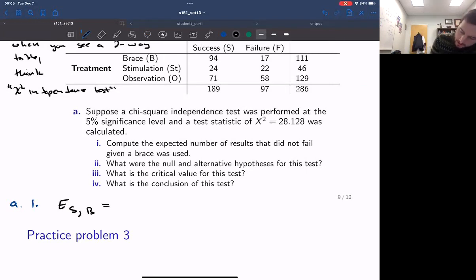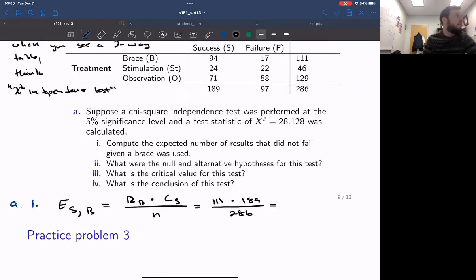So this is the row total for the brace multiplied by the column total for successes divided by the sample size. That's 111 multiplied by 189 divided by 286, which is equal to 73.353.